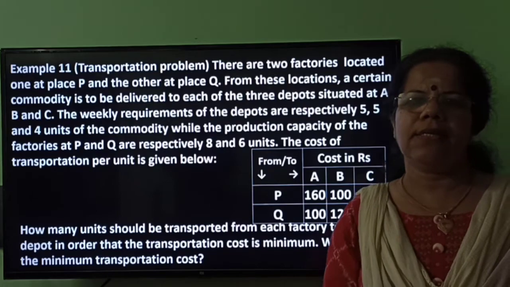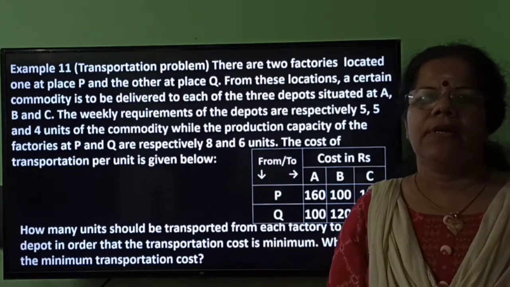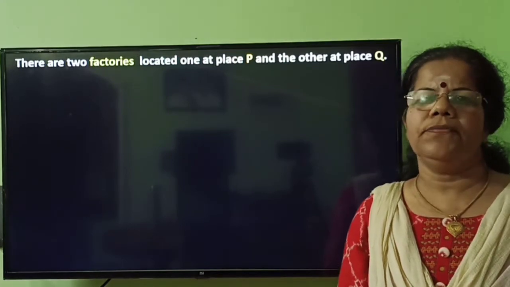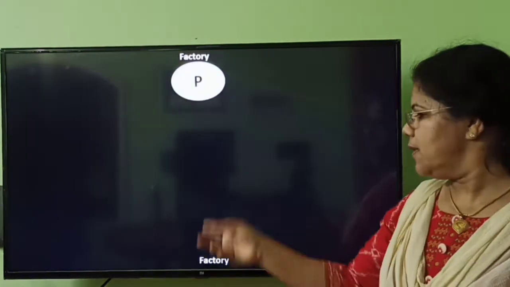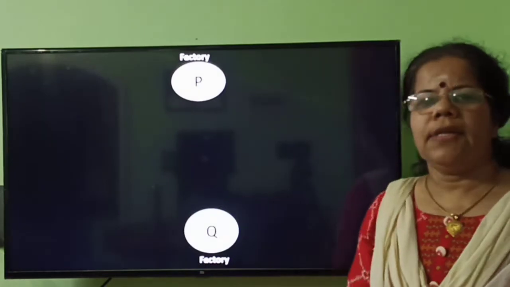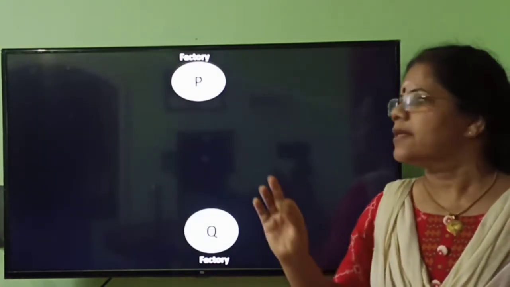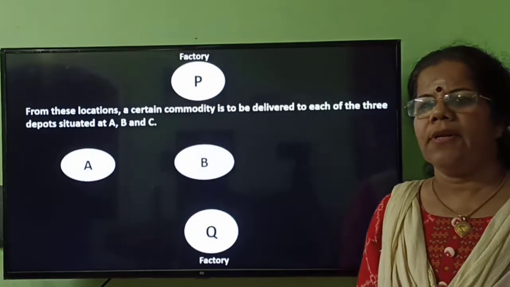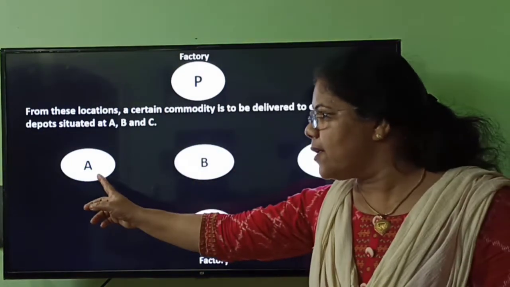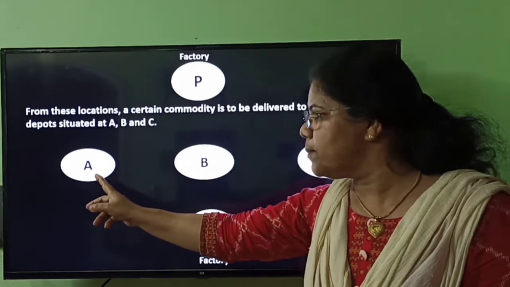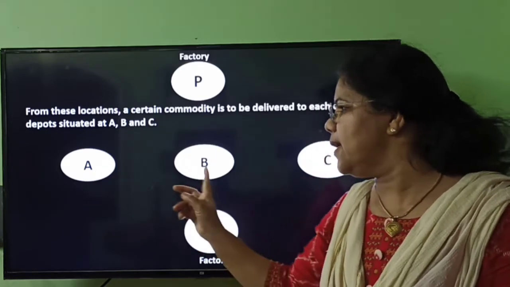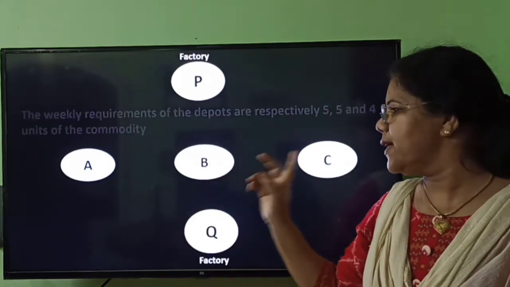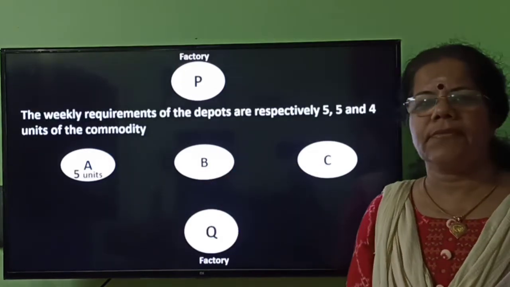So, summarizing this, let us take it one by one. Here there are two factories located at P and Q. Then there are three depots located at A, B and C. The weekly requirements of the commodity for A, B and C are 5 units, 5 units and 4 units.